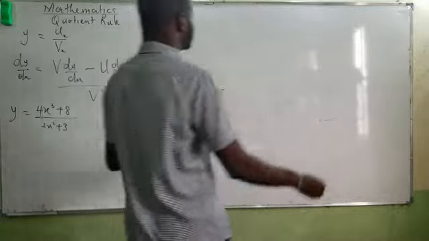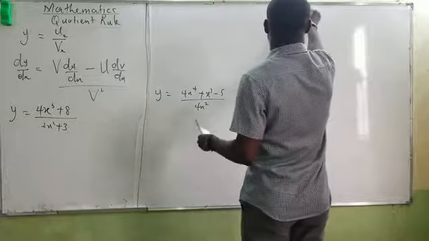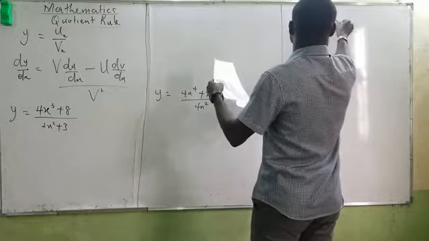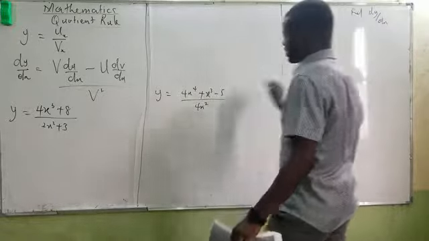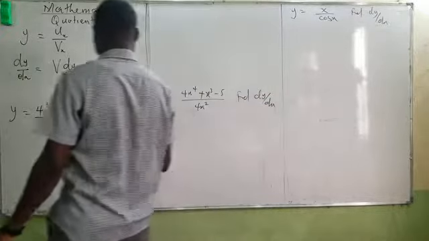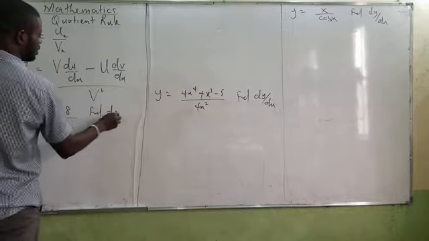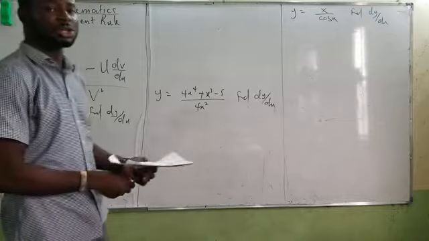And let me just move another one here. My y equals x all over cos x. We are finding dy/dx, and also we are finding dy/dx. Now, let's see these 3 examples for illustration purposes.